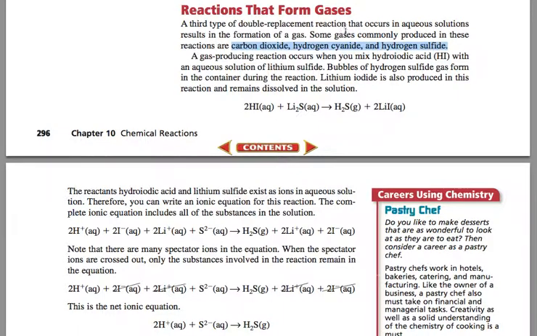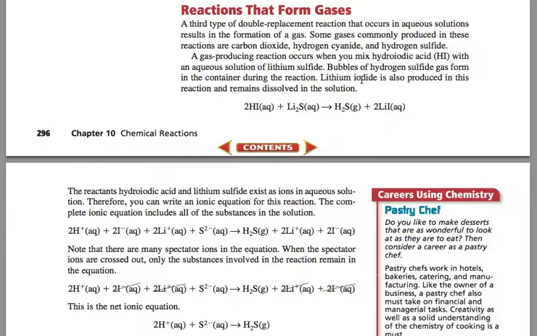These are common. A gas-producing reaction occurs when you mix hydroiodic acid, HI, with an aqueous solution of lithium sulfide. Bubbles of hydrogen sulfide gas form in the container during the reaction.